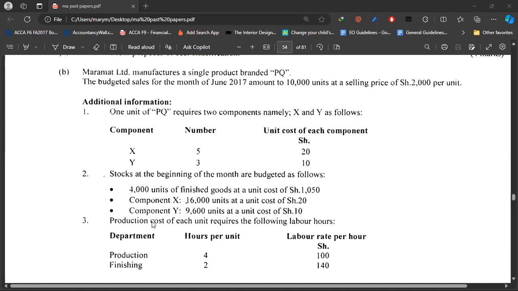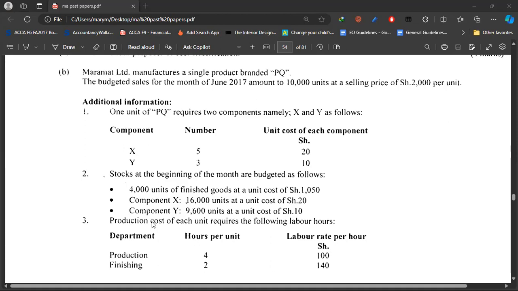Maramat Limited manufactures a single product branded PQ. The budgeted sale for the month of June 2017 amounts to 10,000 units at a selling price of shilling 2,000 per unit. Additional information: 1 unit of PQ requires 2 components named X and Y as follows.